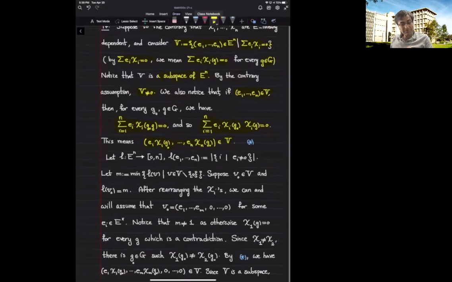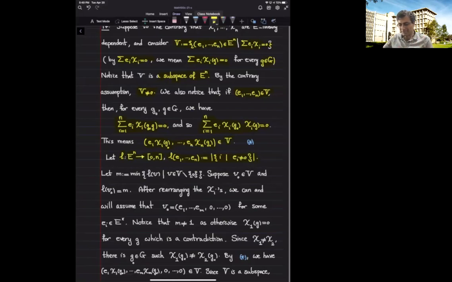Similar to the previous argument that we've seen, this kind of length of a vector can be helpful. What do I mean by that? So L of a vector, we define it to be the number of non-zero components of this vector. So length, or size of the support of this vector.